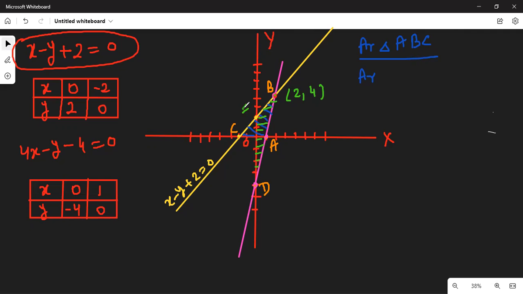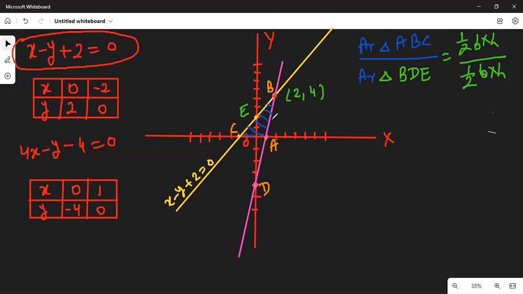Let's name this point to be E. We want to find the area of the triangle, the one we shaded in green, and that point is E. We want to find area of triangle BDE. We know area of triangle is half base into height. Here also half base into height.